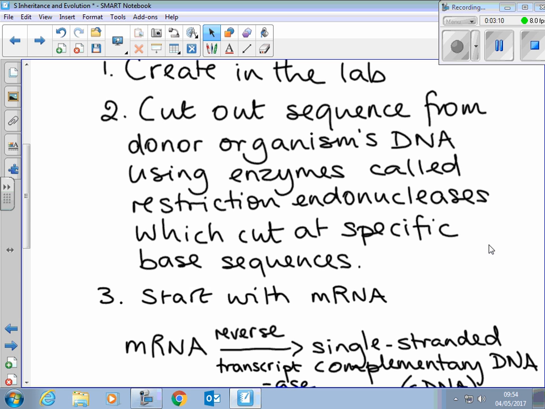All right, now sticky ends are the preferred sort of cut, because if you think about it, what you're trying to do eventually is join 2 pieces of DNA together. Now it'd be like trying to join 2 pieces of paper together. If I give you 2 pieces of paper and say, right, join these together to make a long piece, are you going to try and glue them end to end?